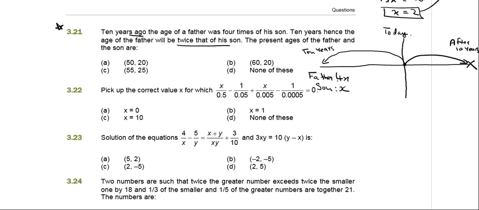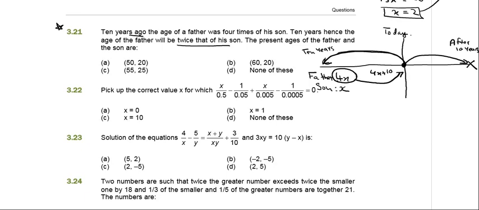Now a point to notice is that father was 4x years old 10 years before today. So if we want to know his age today, his age today will be 4x plus 10, because 10 years have passed.